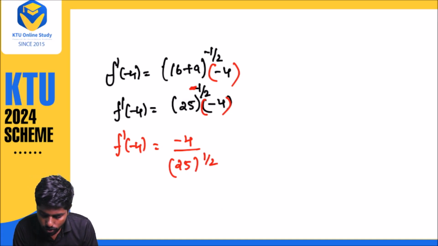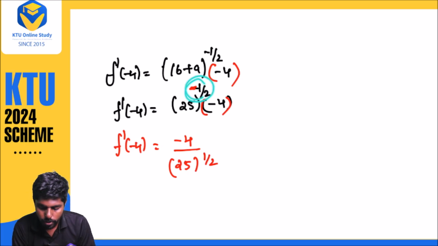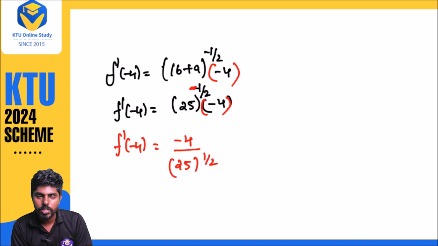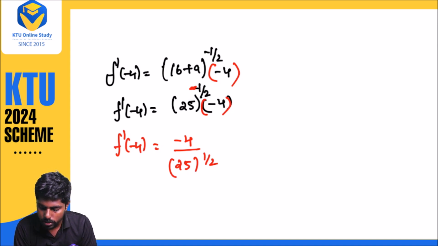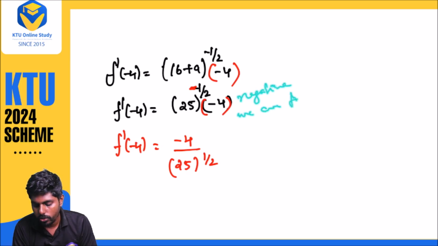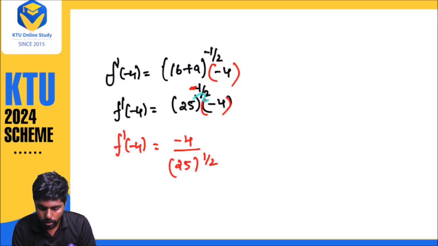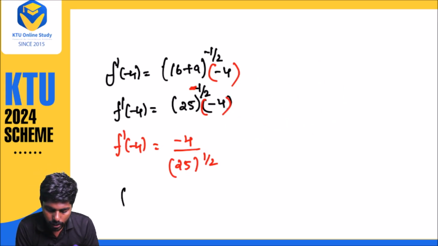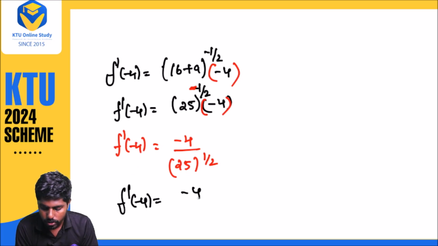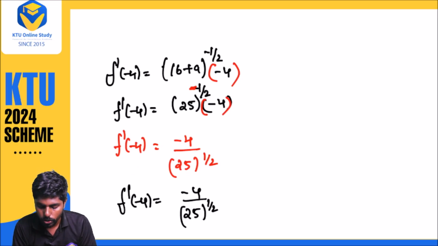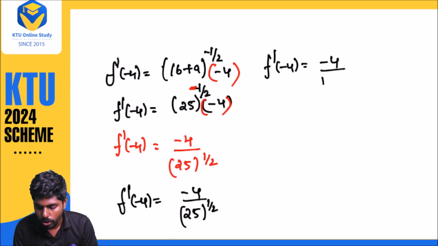See here there is a negative symbol. If you observe very carefully, I already told you, a negative power means we can take it into the denominator. So it will convert into f dash of minus 4 is equal to minus 4 into 1 by 25 to the power 1 by 2, that is root 25.